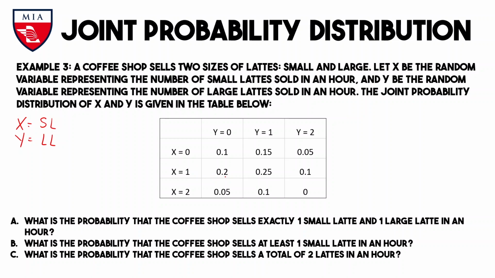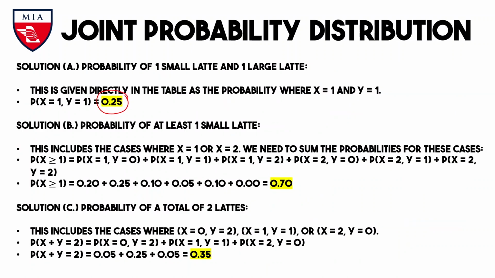What are the values under x is equal to 1? We have 0.2, 0.25, 0.1, 0.05, 0.1, and 0. Because we are talking about at least one small latte, x equal to 2 is also included, because it is greater than the minimum, which is 1.